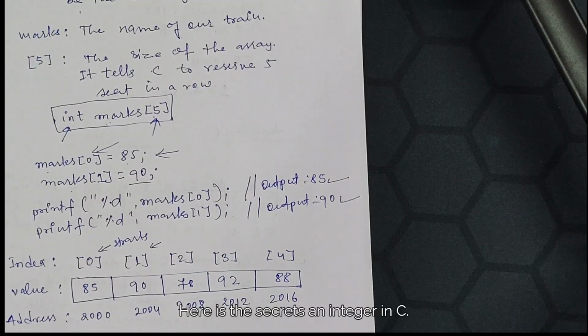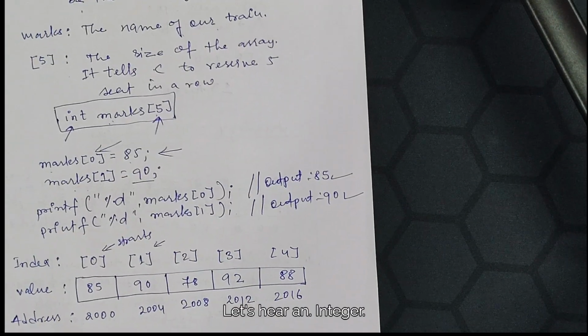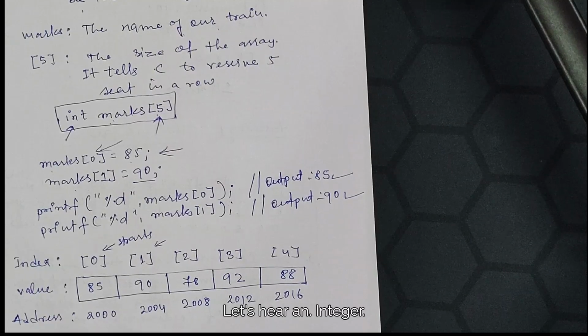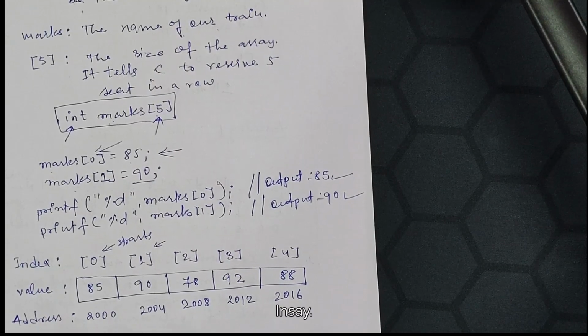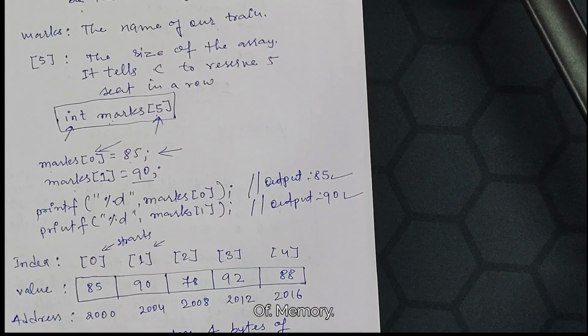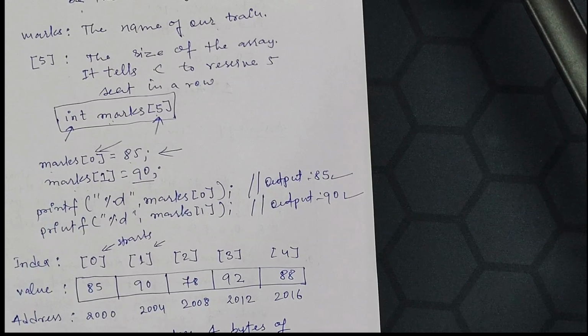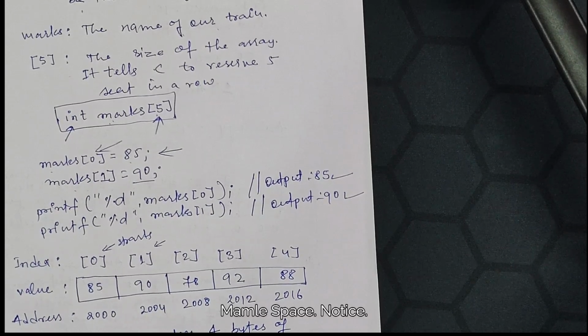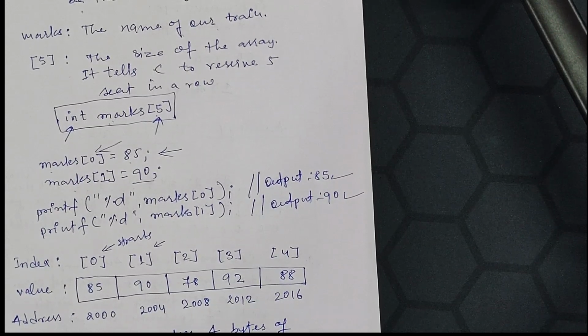Here is the secret. An integer in C takes 4 bytes of memory space.